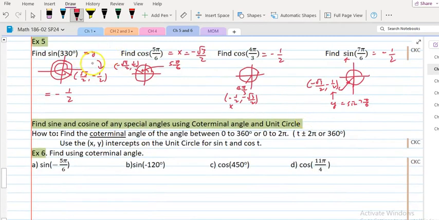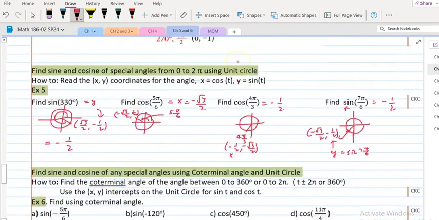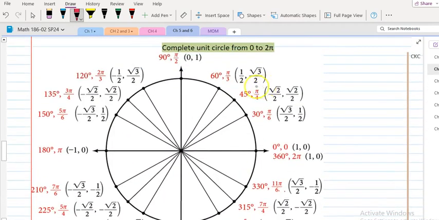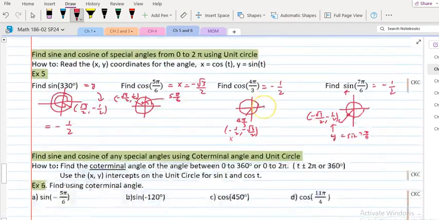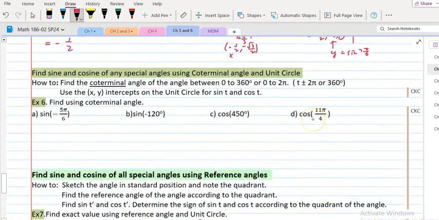This is how you read off angles within 0 to 2 pi, or 0 to 360 degrees, that show up on the unit circle. What if I ask for negative 120 or 450? They are not in the unit circle, or are negative angles.